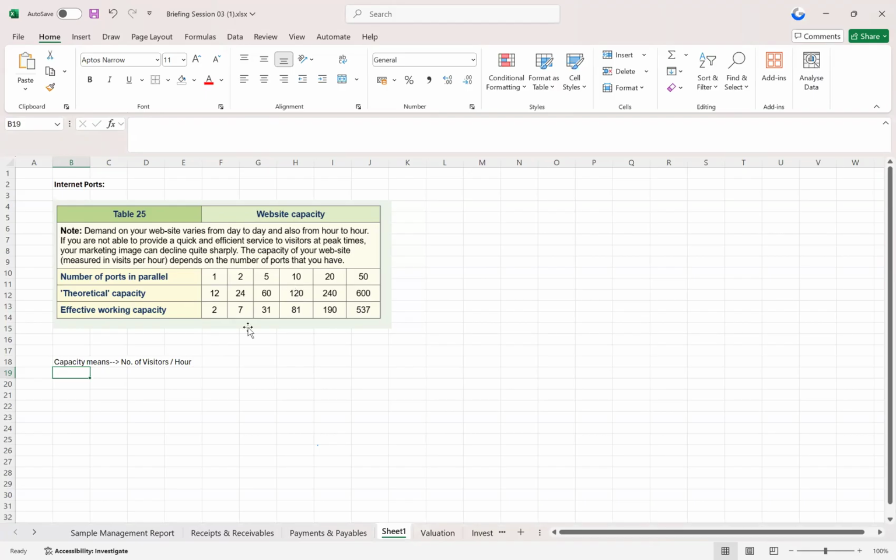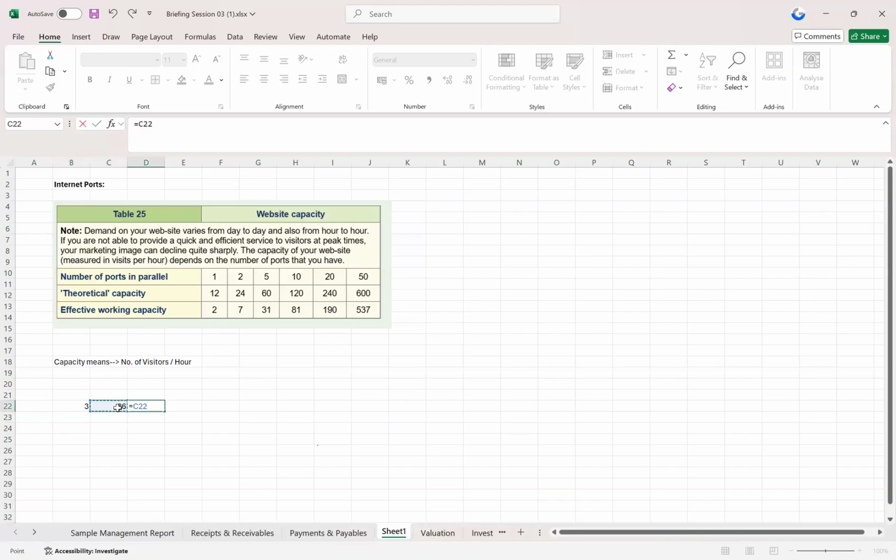But then we have a row which says effective working capacity. Why is this effective working capacity phenomenon created? What is the logical reason behind this? So let's say if I am operating 3 ports, that means 36 visitors can visit me in an hour.